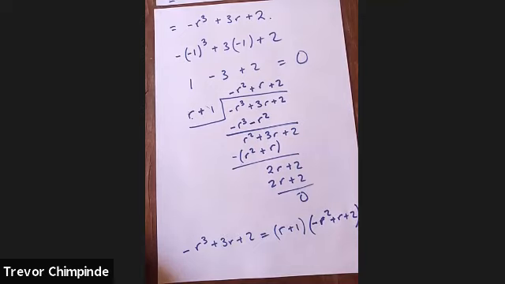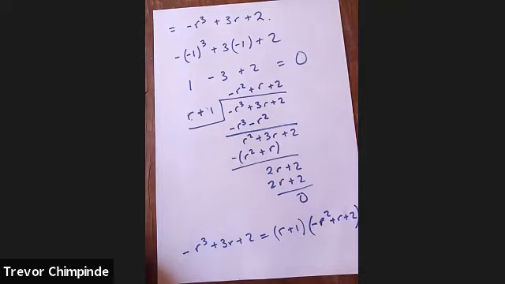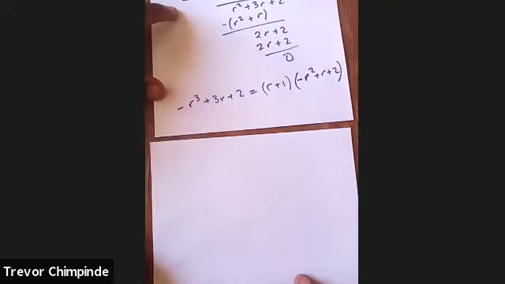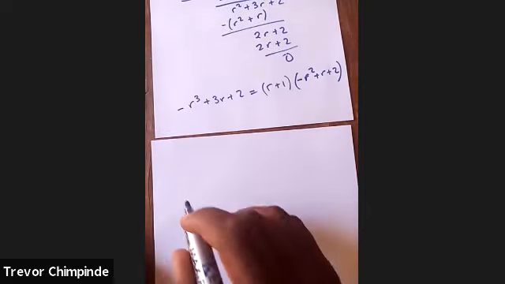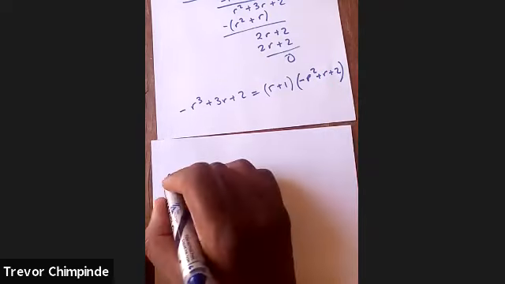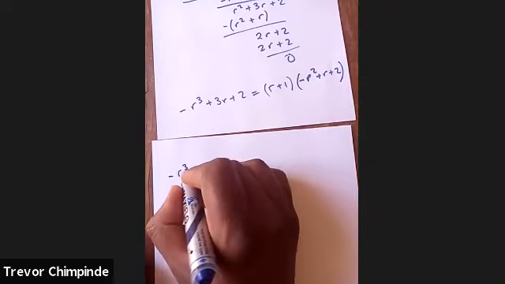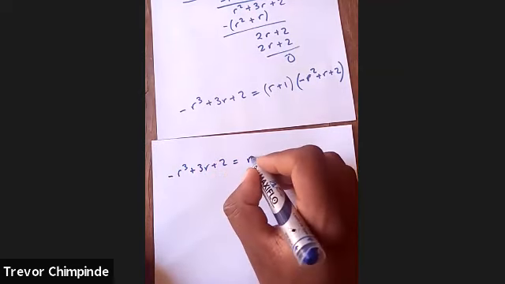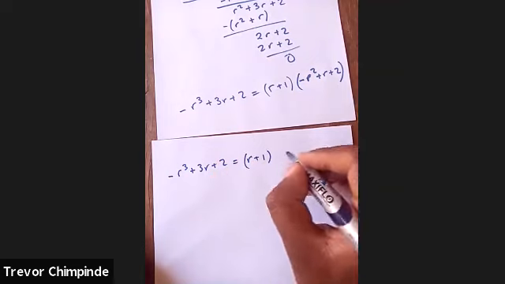Okay, then I think we put the quadratic there, so we can try to factorize. So can we factorize this? Yes. So r cubed plus 3r plus 2 is equal to r plus 1.